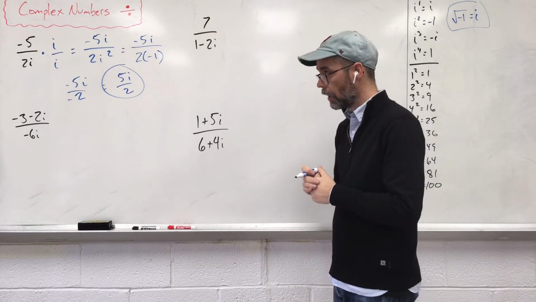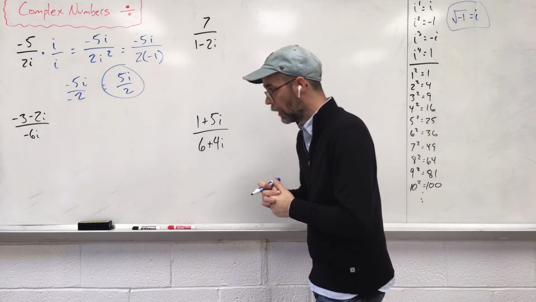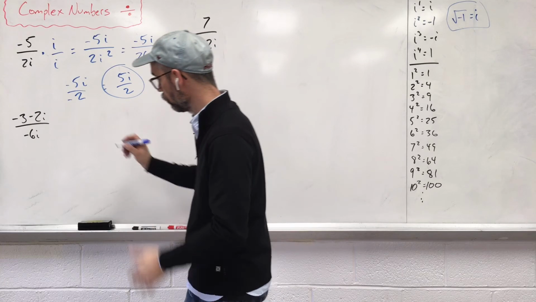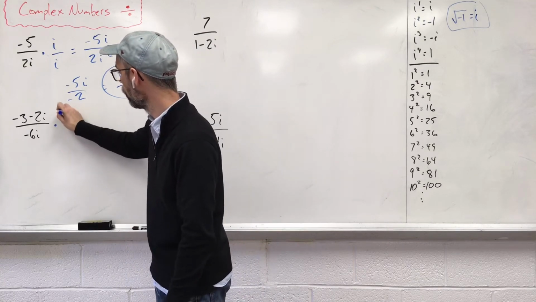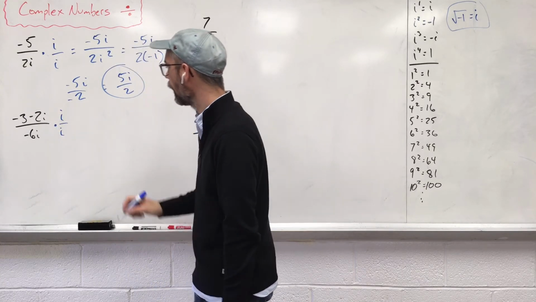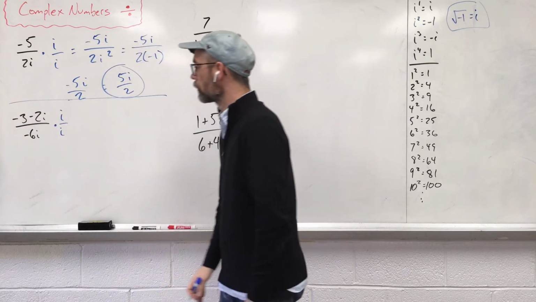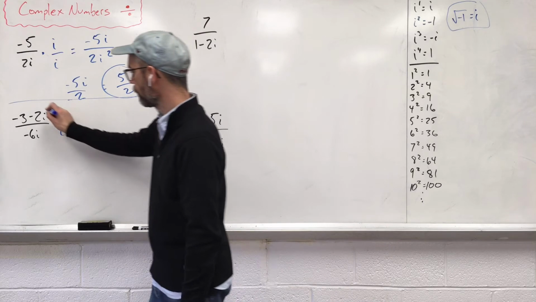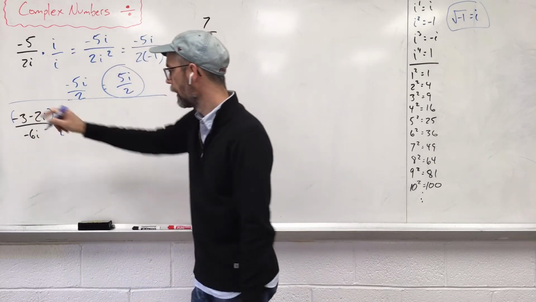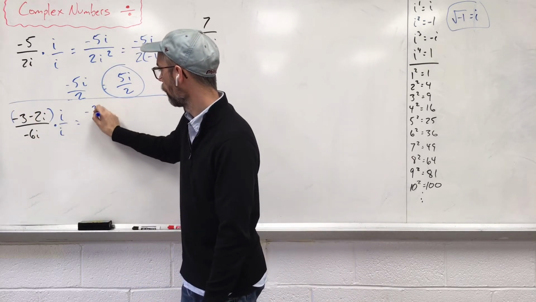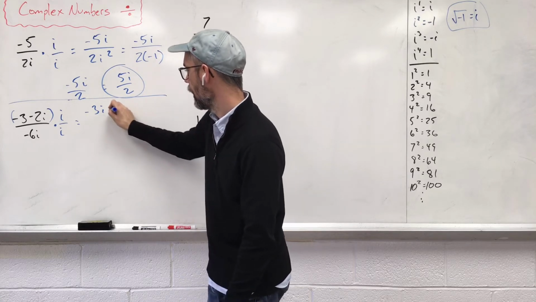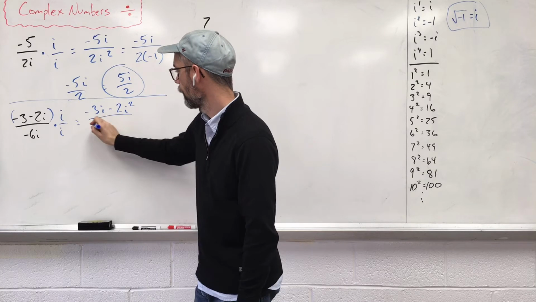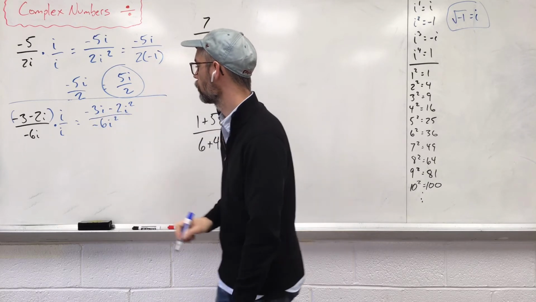Let's try it again. So I have an i in the bottom. I don't want that i there. So let's multiply by a value of 1, or just i over i. Up top, we're going to have to distribute this i to everything. So we're going to get -3i, and then -2i squared. And we'll come back on the bottom, -6i squared.